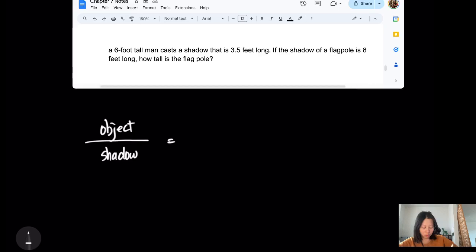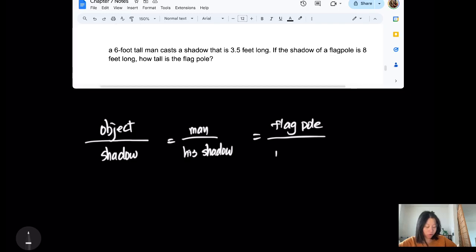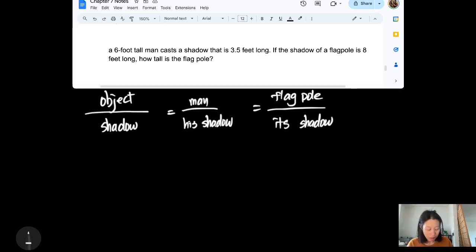So we have two objects. One is a man over his shadow should equal the flagpole, the object, over the flagpole's shadow. So here is our setup for this proportion. And we just need to fill in what we know. So we know that the man is 6 foot tall and his shadow is 3.5 feet long.